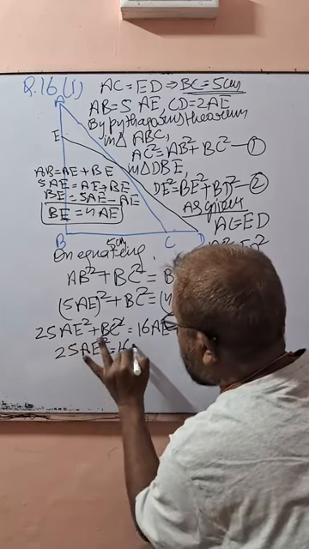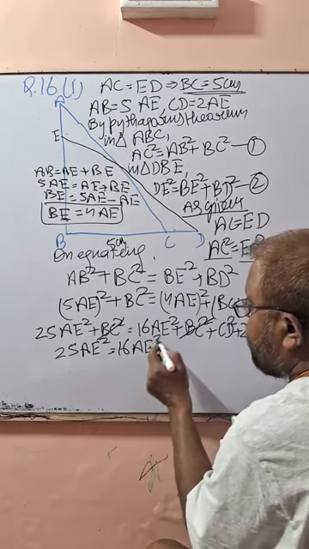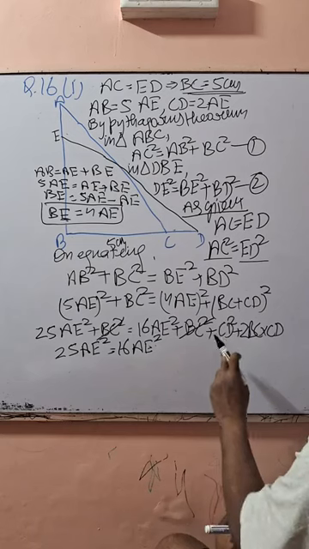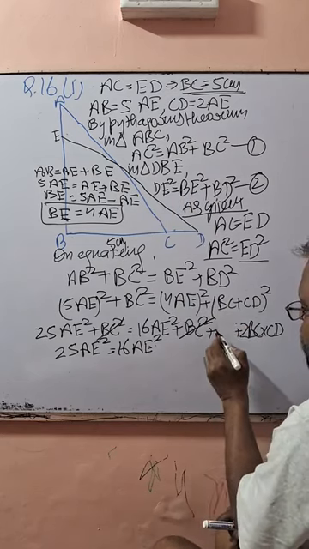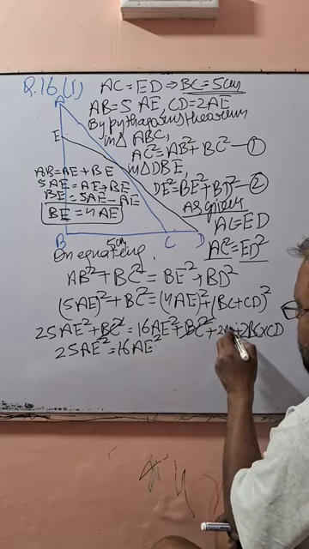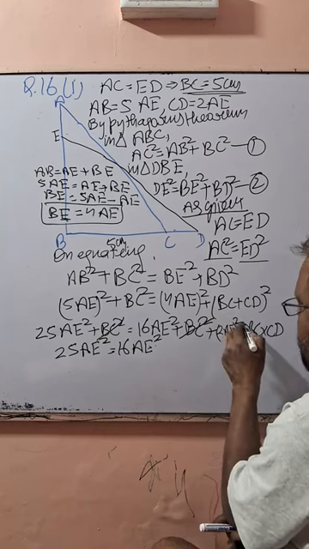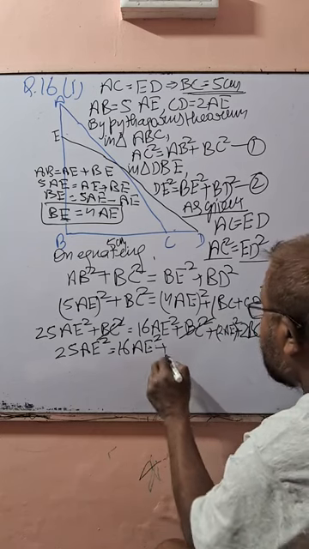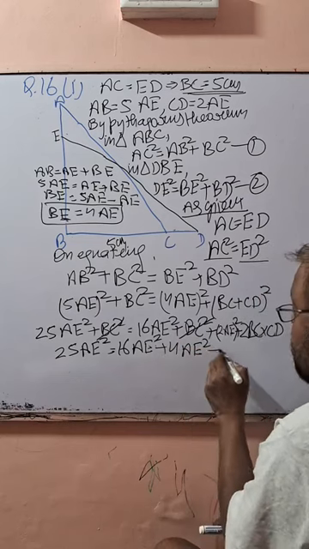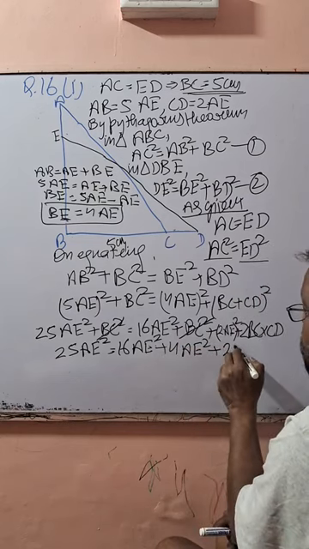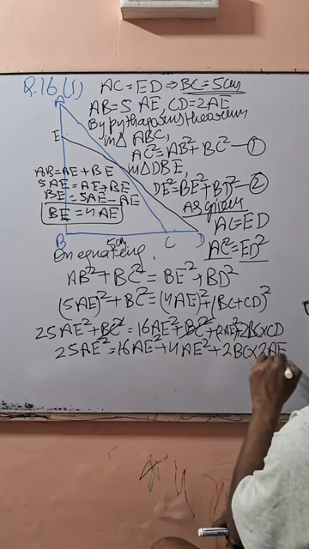Now this BC square and BC square cancel out, and we get 25 AE square is equal to 16 AE square, and in place of CD square we can write 2AE whole square. So it becomes plus 4AE square plus 2 into BC into 2AE.